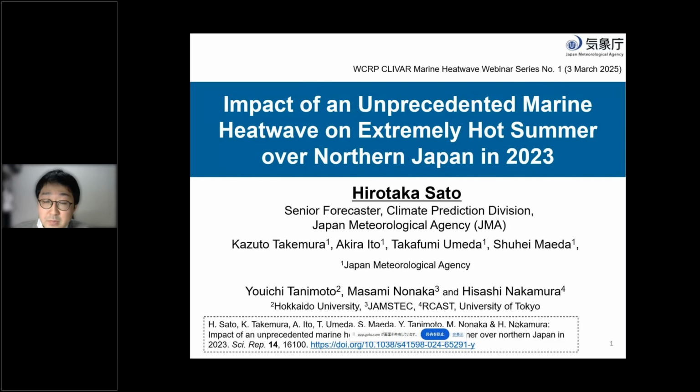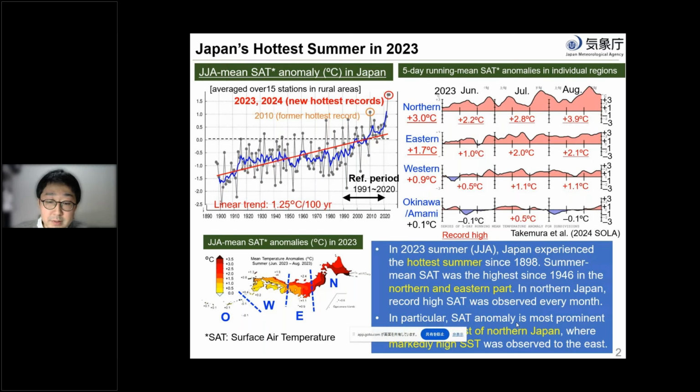In 2023 summer, JJA, June, July, August, Japan experienced the hottest summer since 1898. As indicated in the upper left panel, the national average surface air temperature, SAT, was the highest, exceeding the former highest record in 2010.